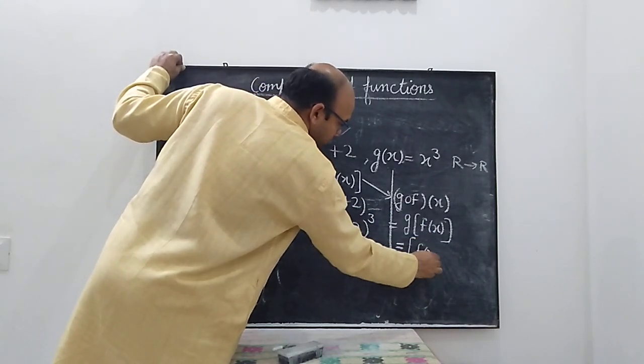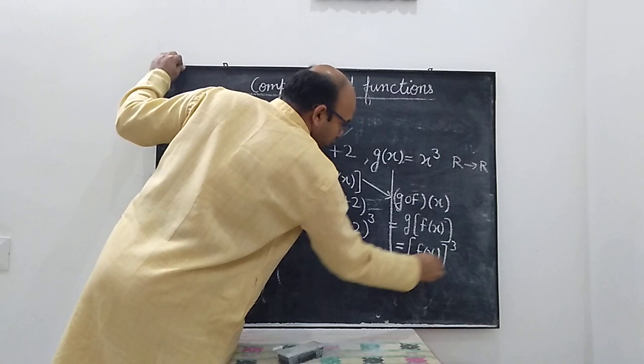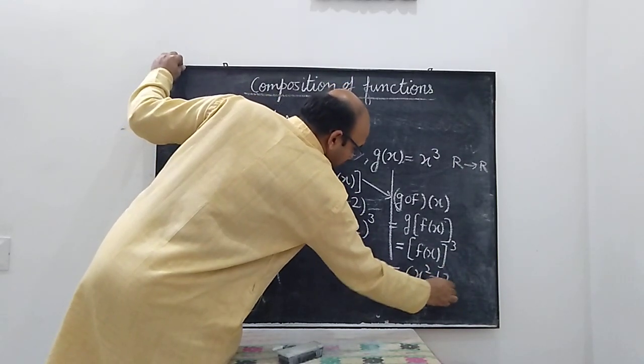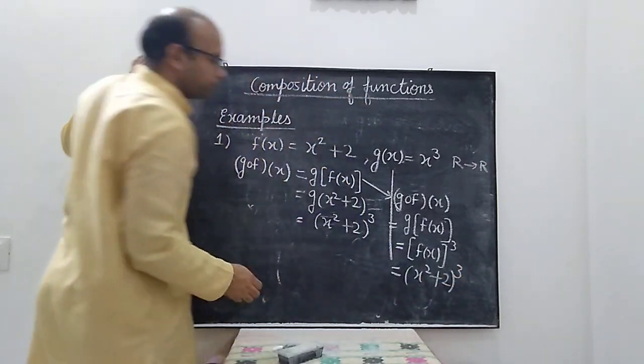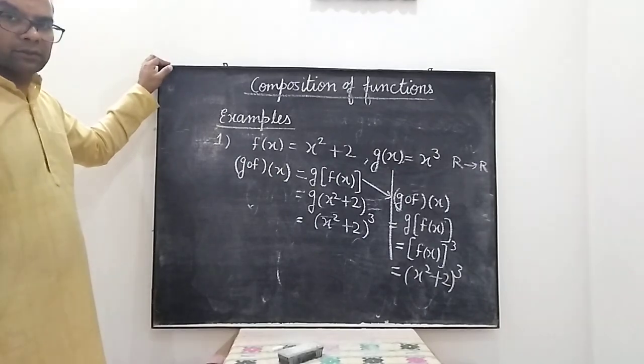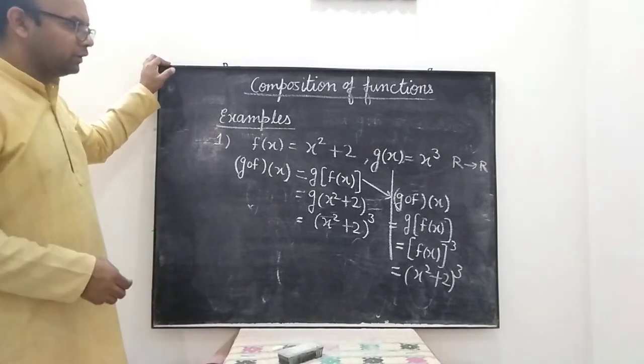So this becomes fx whole cube, and fx is nothing else but x square plus 2, so x square plus 2 whole cube. So this is how we can calculate the composition of two functions.